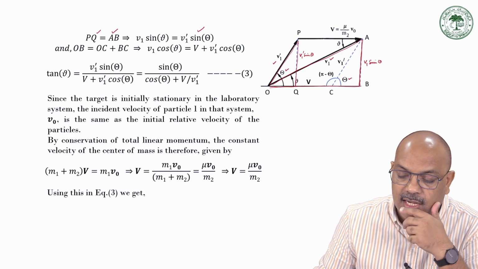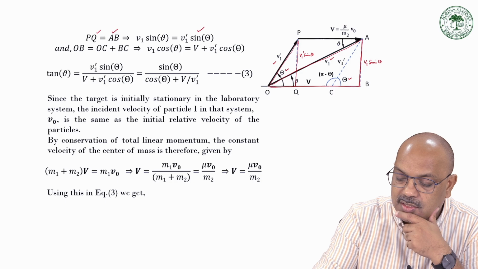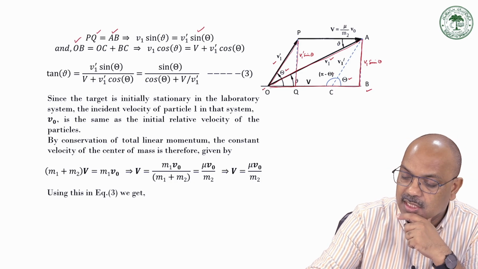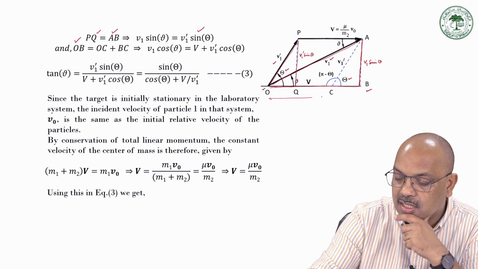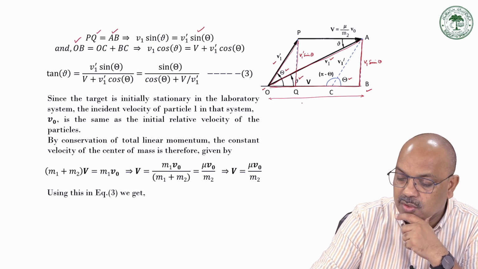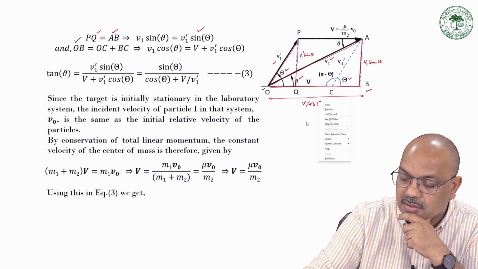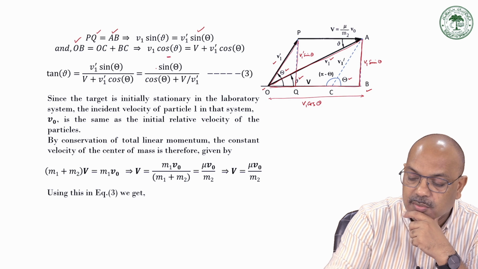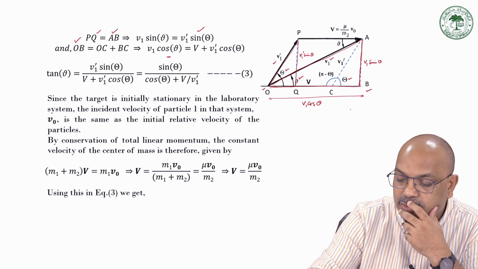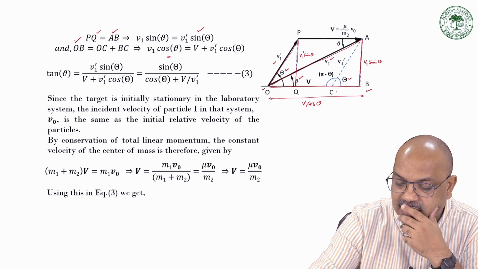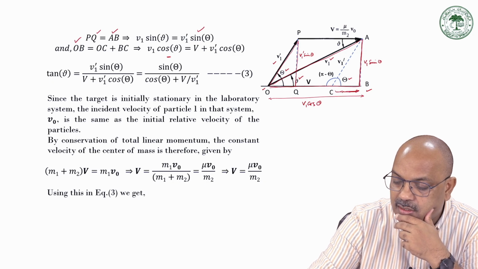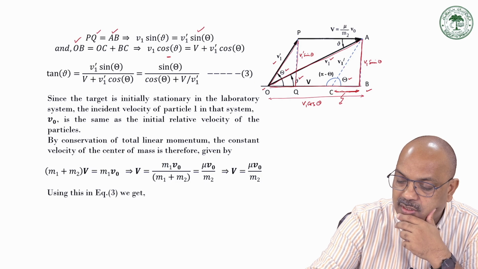And this OB, from this point to this point, is V1 cos theta. But this is consisting of two components, one is this one, which is going to be with this V1 prime.